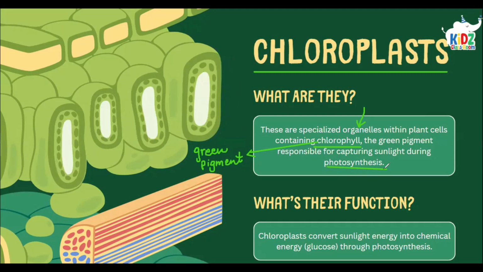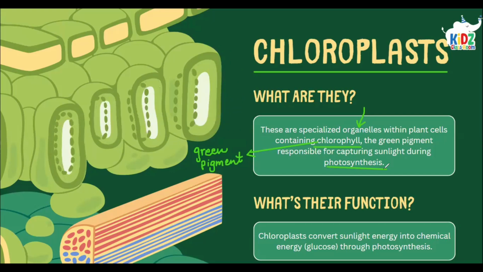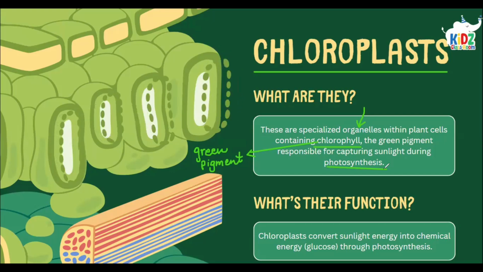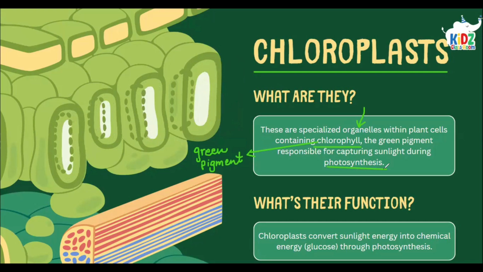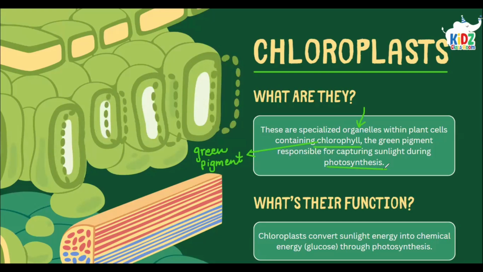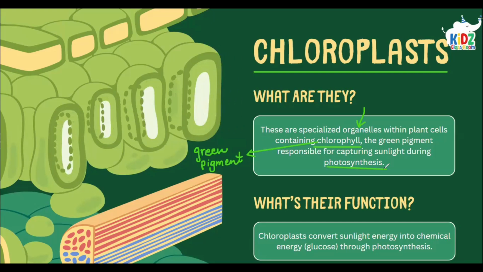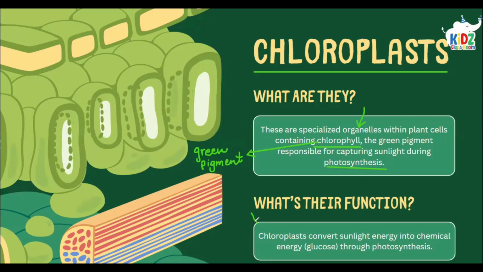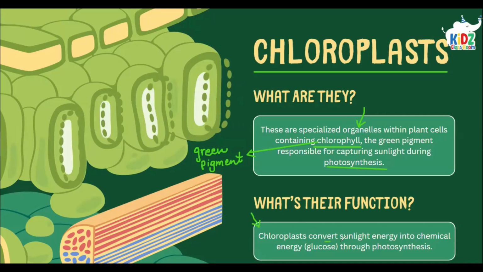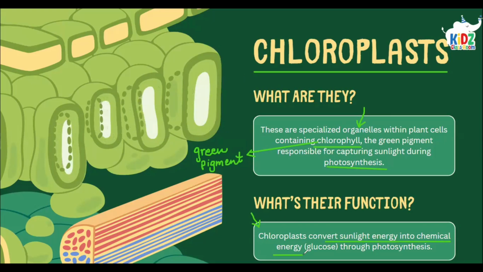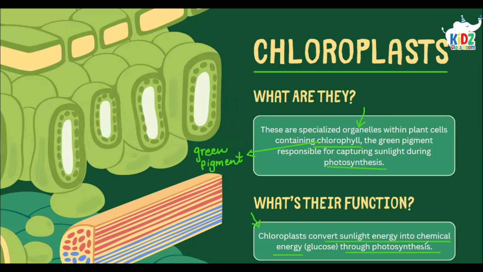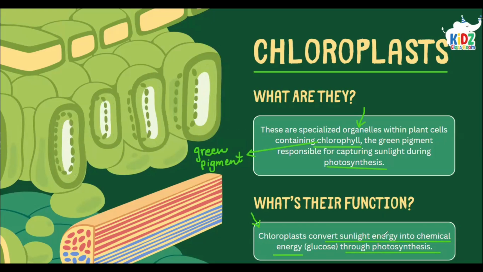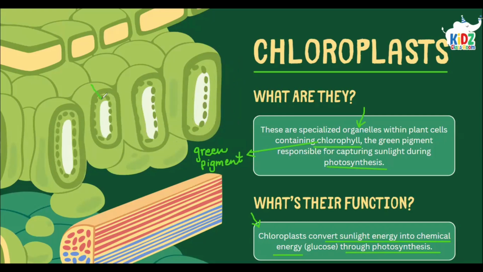It is responsible for capturing sunlight for photosynthesis, and as it captures sunlight inside the chloroplast, the light energy is converted into chemical energy. So what's their function? The function of chloroplasts is to convert sunlight energy into chemical energy through photosynthesis with the help of chlorophyll.